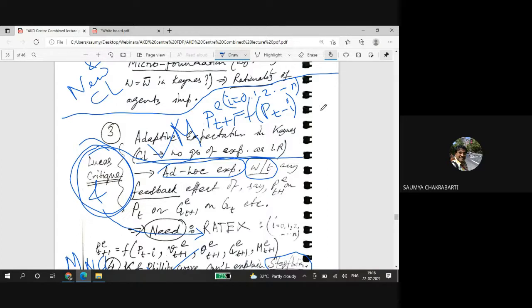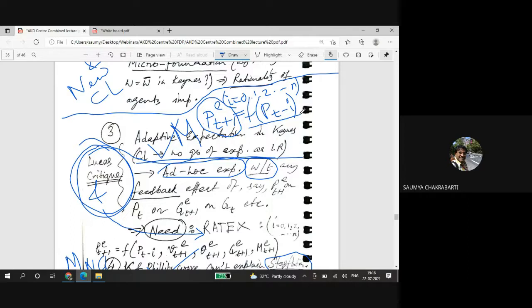So what is important here? Future expected price is dependent on only past prices, nothing else. And Lucas' critique is that, can the rational agent be so irrational while utilizing information?